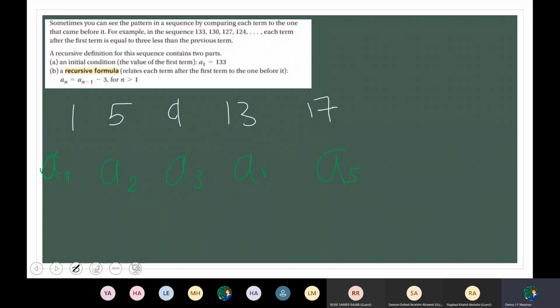In the previous one, we can say the first term is 1 and the second term is 5. And the third term, how can I do with number 3 to make it 9? And how can we do with number 4 to make it 13? And so on. That is what we call the recursive formula.